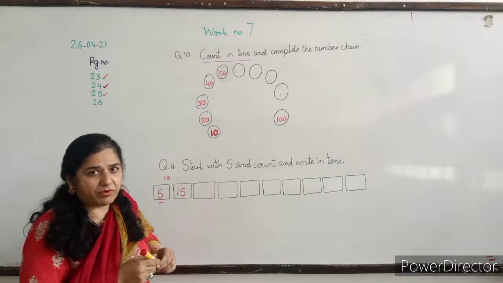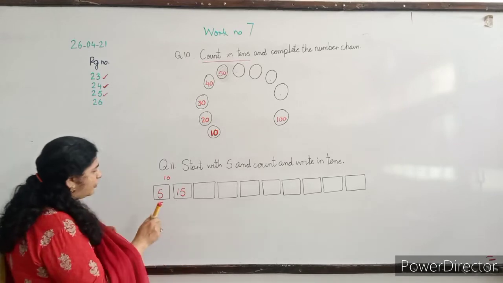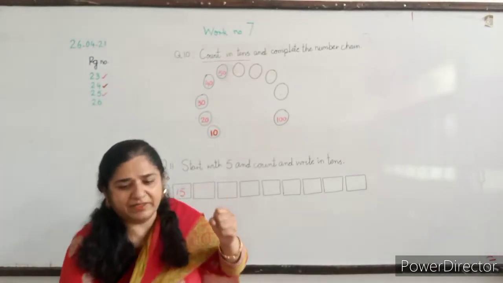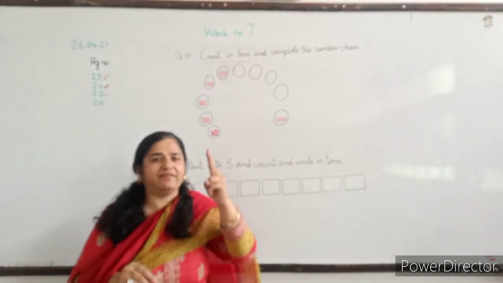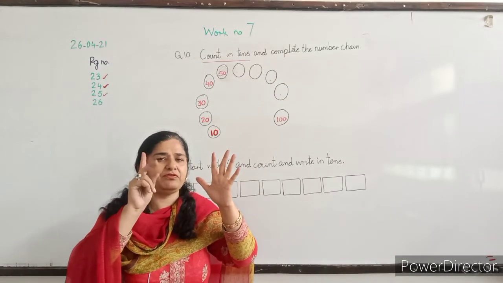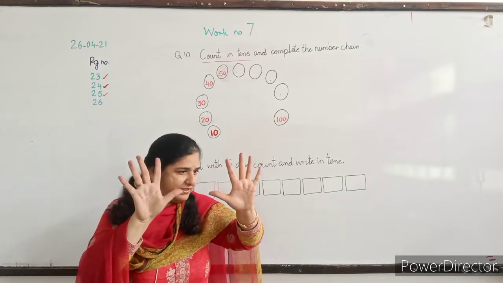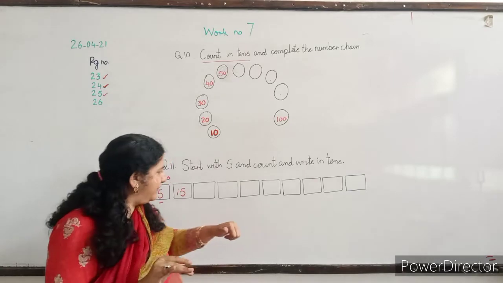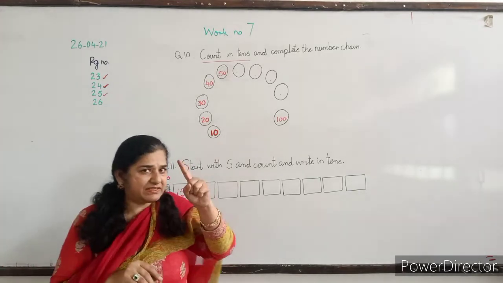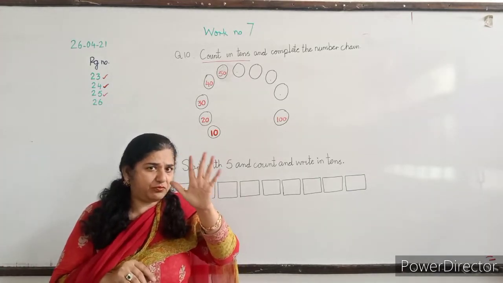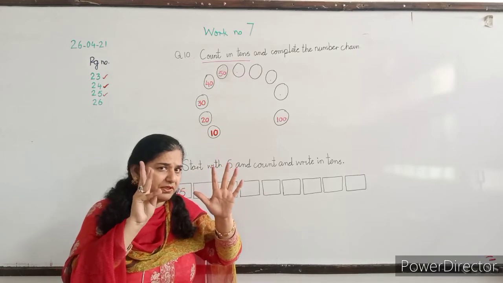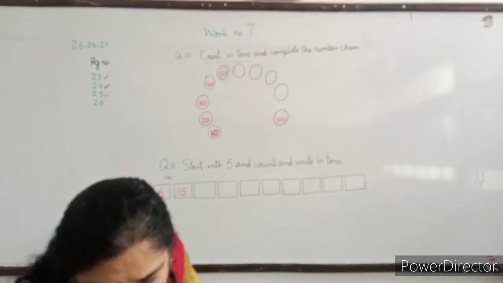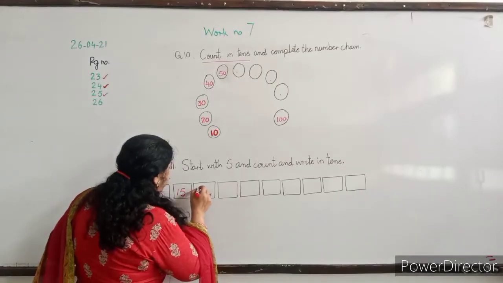Again there is the jump of 10. Look. 5. Now we have to count till 10. See. 6, 7, 8, 9, 10, 11, 12, 13, 14, 15. Right? 15 is over here. Again we will take the jump of 10. 15, 16, 17, 18, 19, 20, 21, 22, 23, 24, 25. So, here we will write 25.